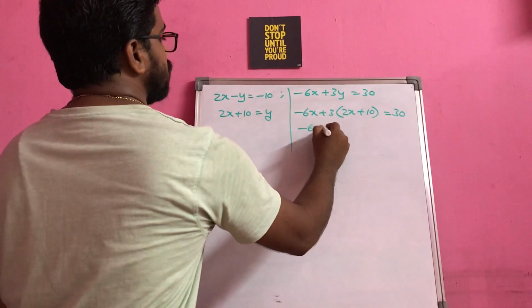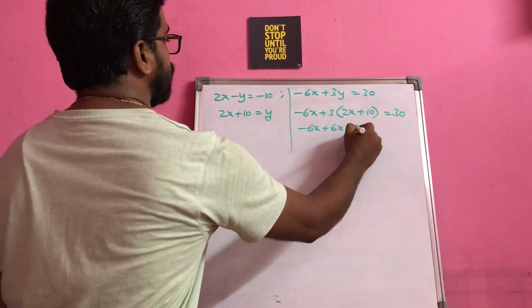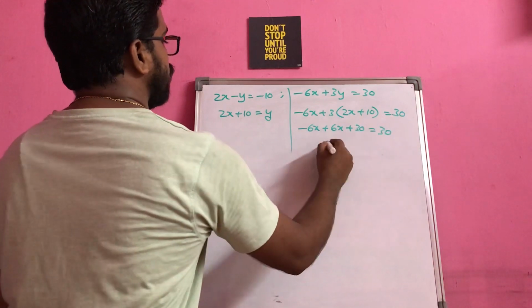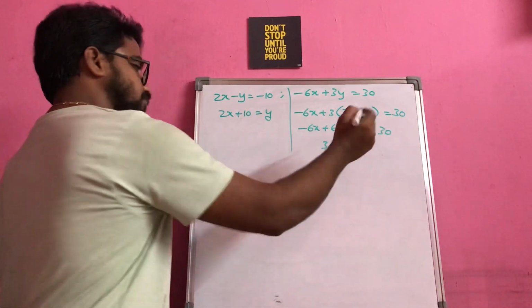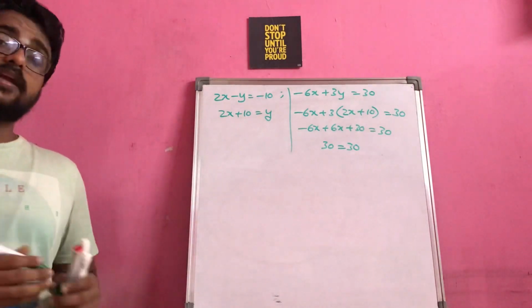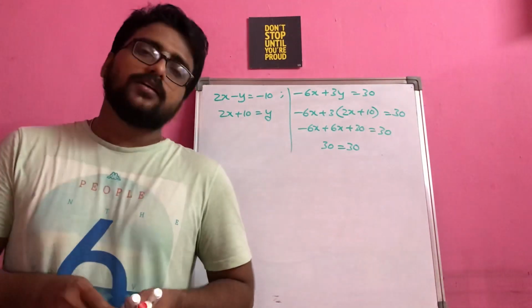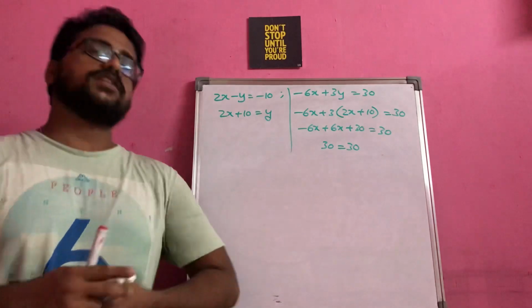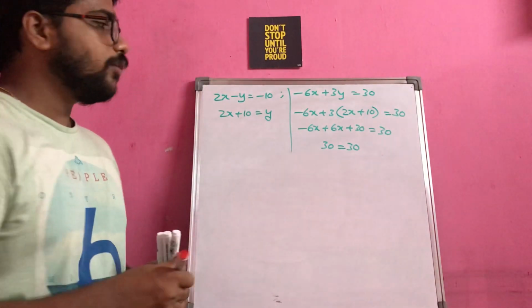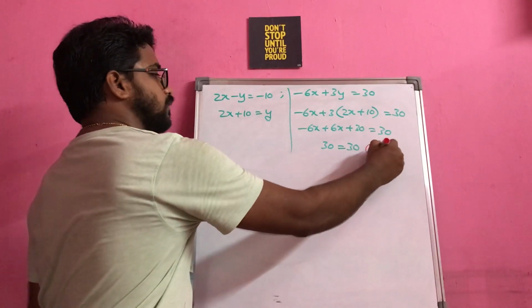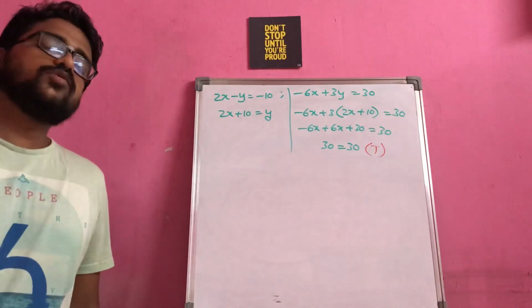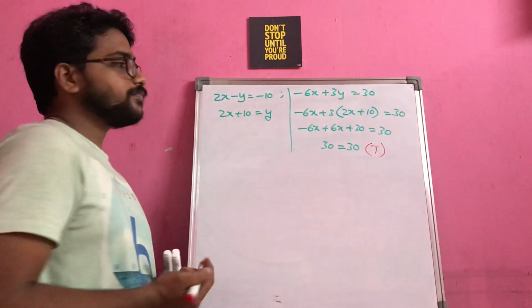So this is minus 6x plus 6x plus 30 is equal to 30. You are getting 30 equal to 30. So what is happening here? Previously we got 16 equal to 12, which is a false statement, and now we are getting 30 equal to 30, which is a true statement. So what can we conclude from this?